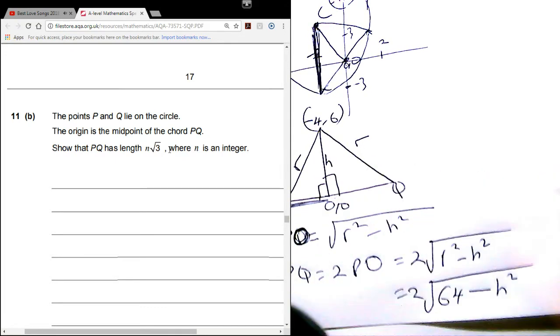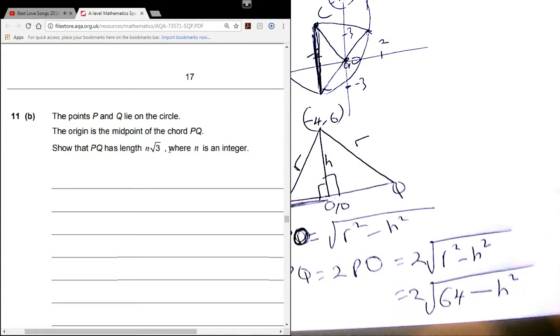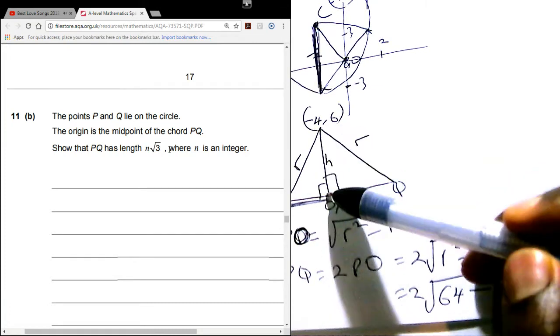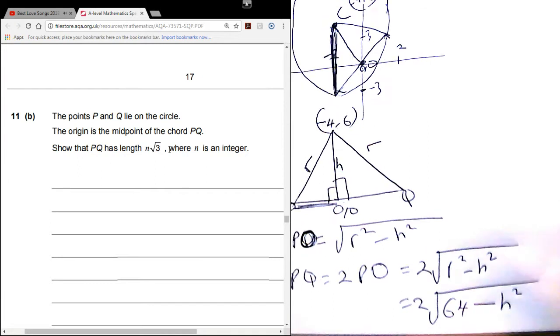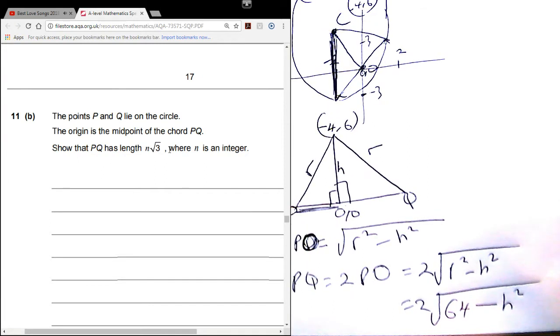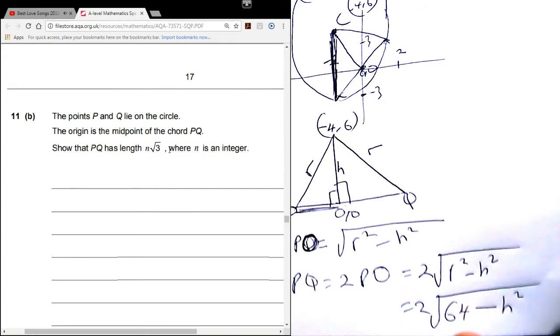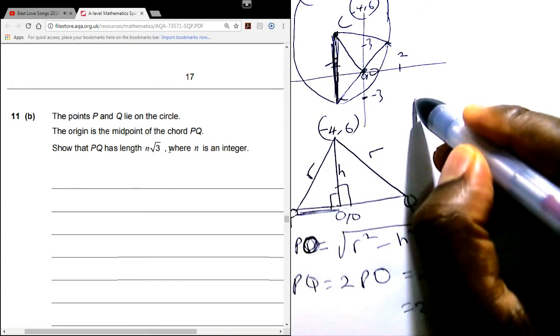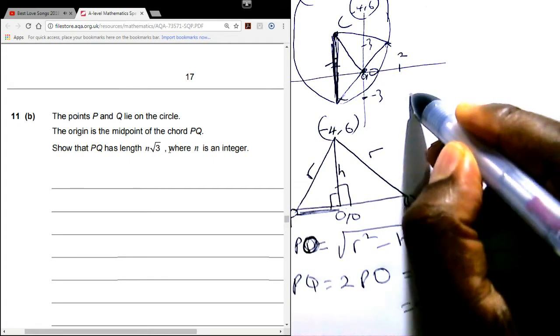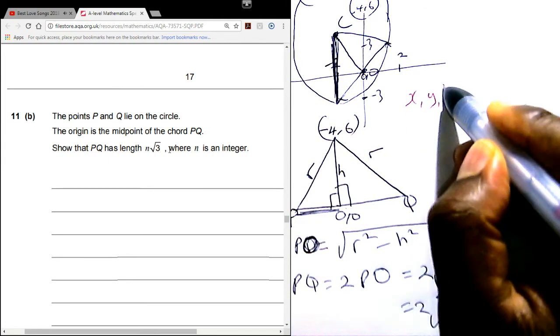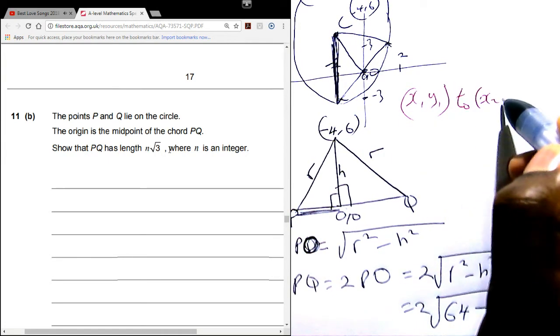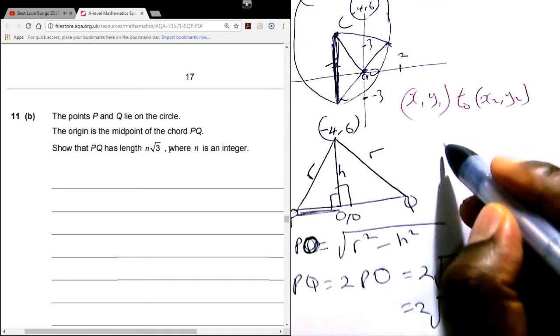The only question now is, what is my H? To know H, we just need the distance between 2 points in the XY plane, and that is another trick you need to know for graphs. The distance between 2 points x1, y1 and x2, y2 is just Pythagoras theorem.